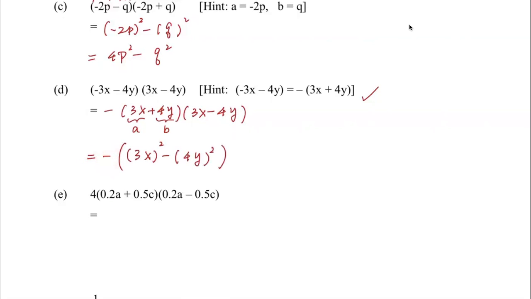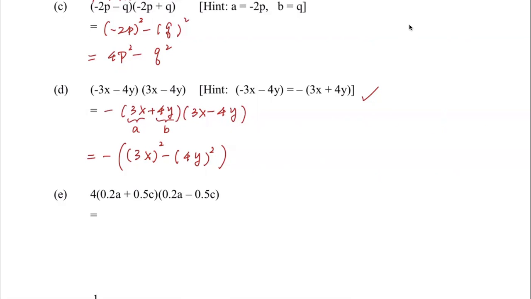For the minus sign, let me try to explain this as briefly as I can. If you have a minus sign before multiplication, then whether you put a bracket here doesn't really matter, because a minus sign here doesn't change any signs in the brackets.